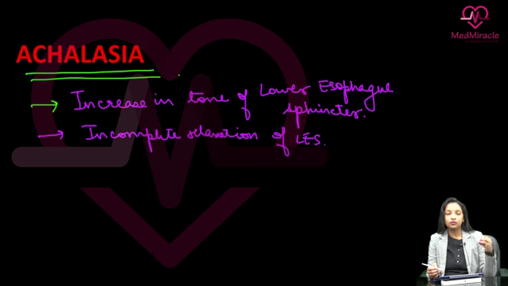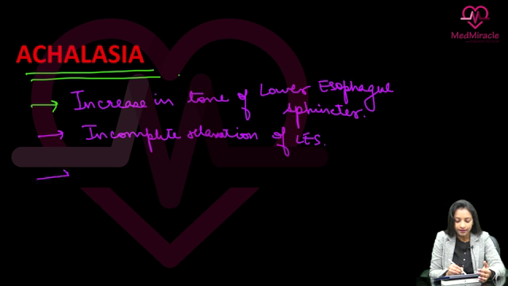So as the food passes from the esophagus to stomach, there is incomplete relaxation of the lower esophageal sphincter, and there is increase in tone of the lower esophageal sphincter. As a result, the esophagus can become dilated and there can also be dysphagia. Now, why does it occur?